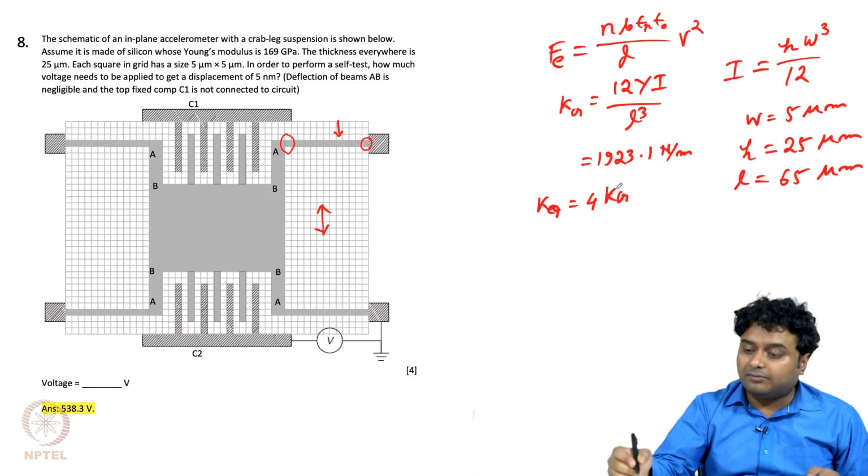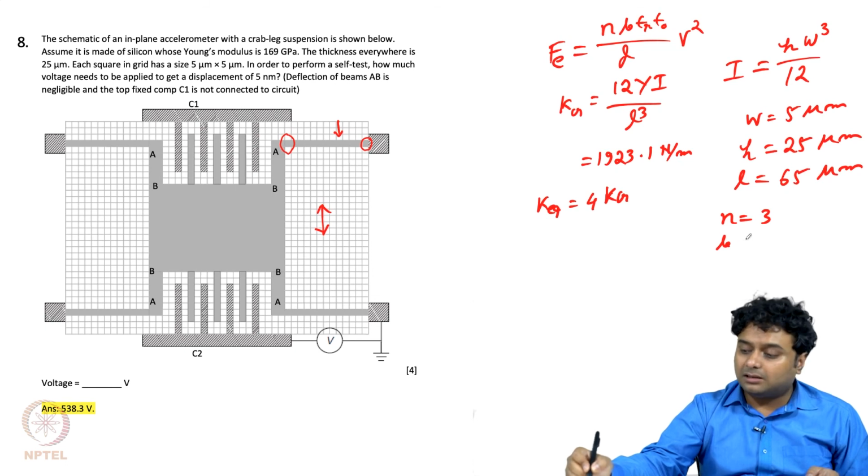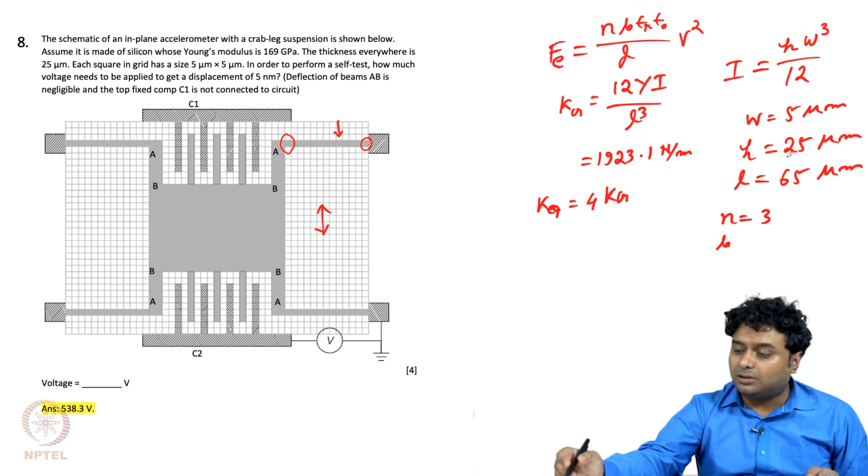Now I know the electric field also, because F_E equals, I have already put the formula here, right, where N equals 3. B is similar to the H here, right.